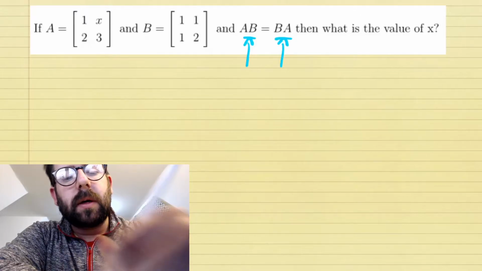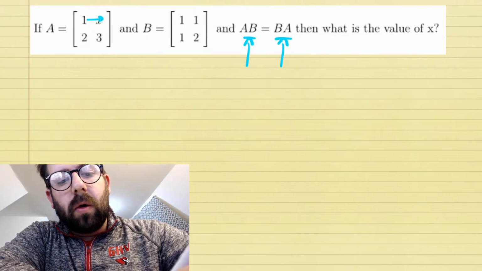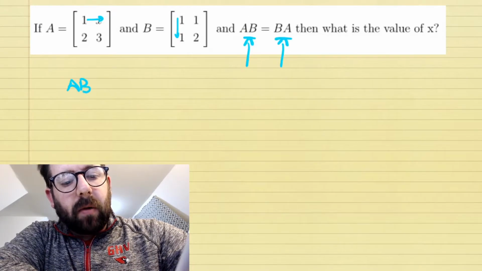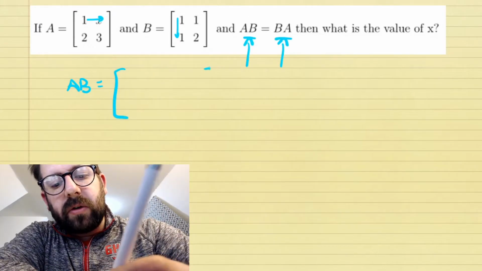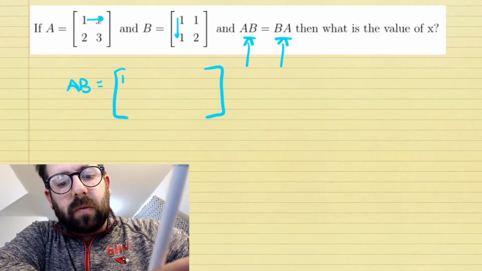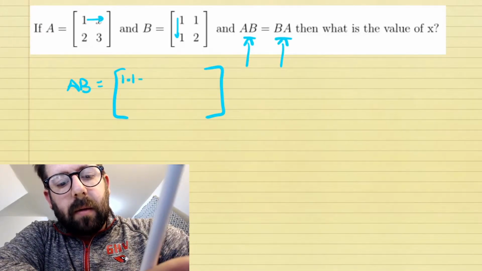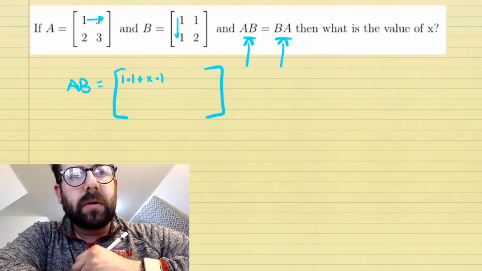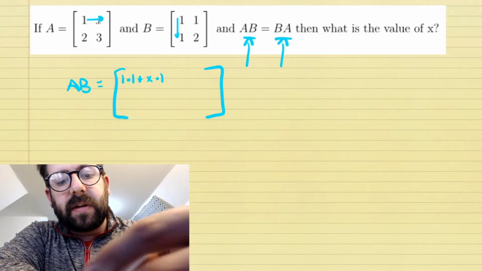So why is this important? Multiply row by column. So when I go the AB route, that first column is 1 times 1 plus the x times 1. That's that first entry right there, right? And I could do it again for the second entry.